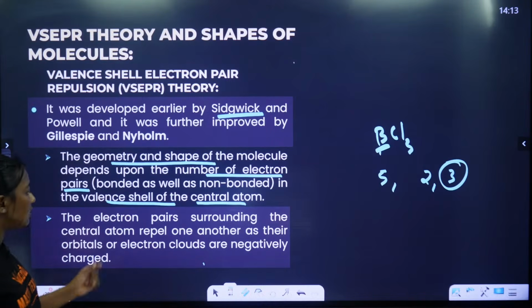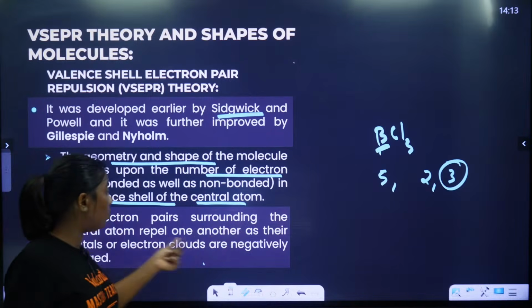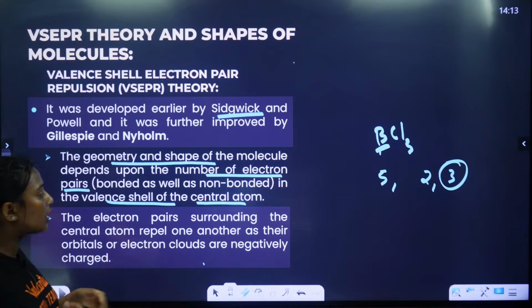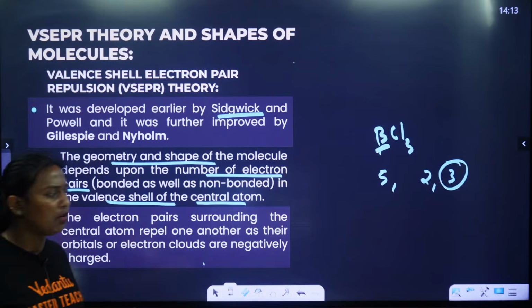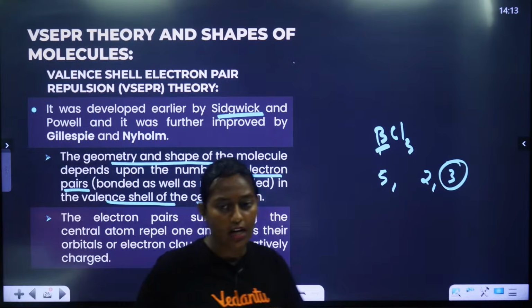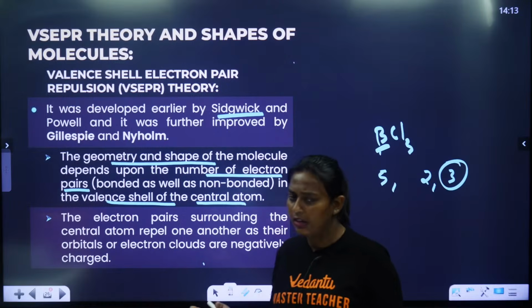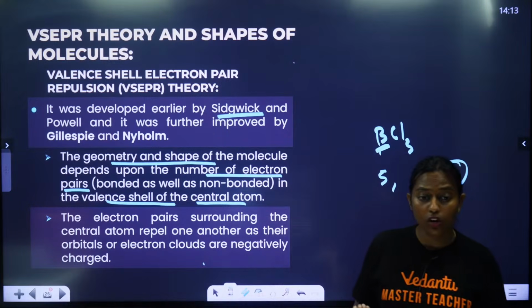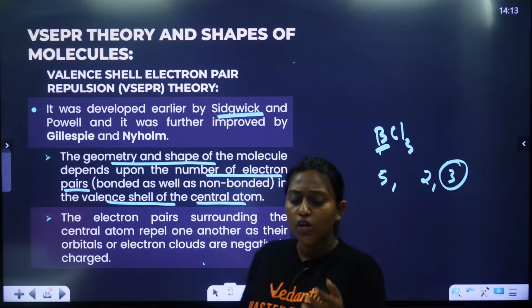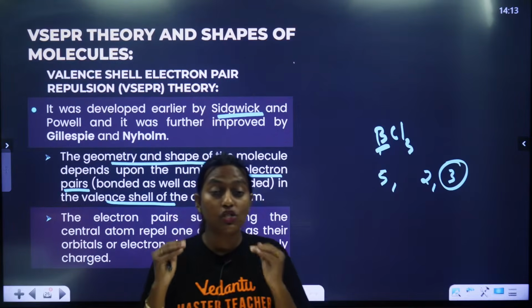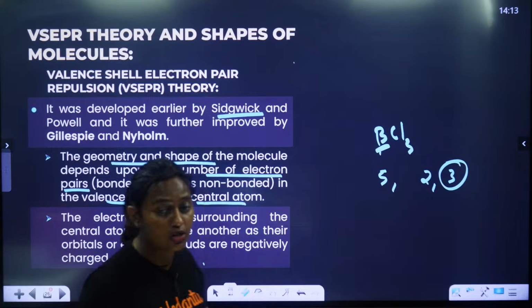The second point is that the electron pairs surrounding the central atom repel one another. Obviously, it will repel. Everything here is electrons, and in the outermost layer you can see only electrons. What is the charge of an electron? The charge of an electron is negative, and like charges will repel.